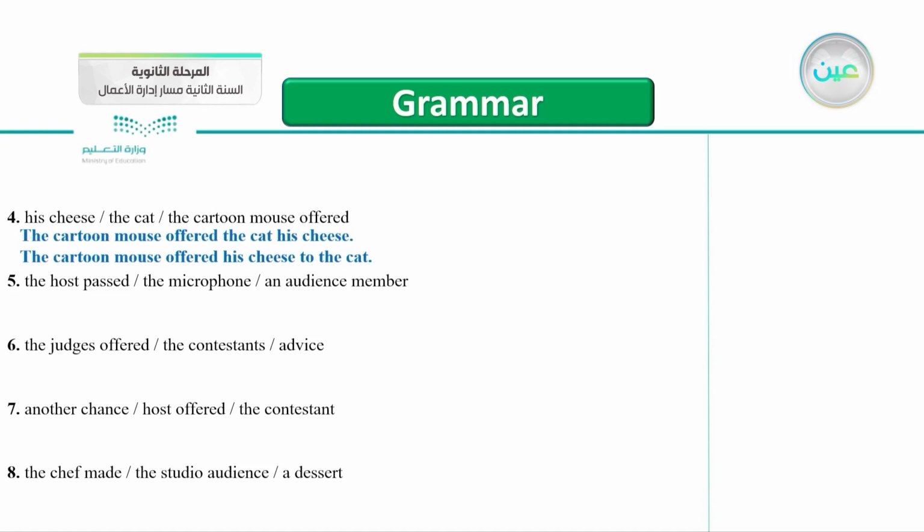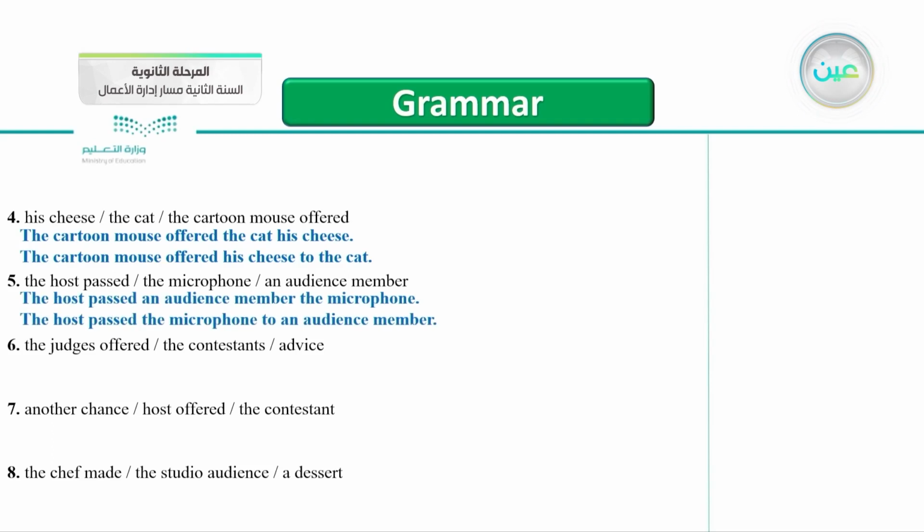The cartoon mouse offered his cheese to the cat. So now we know the cat is the indirect. Number 5, the host passed the microphone an audience member. Very good. Now you got the hang of it, really. The host passed an audience member the microphone. The host passed the microphone to an audience member.